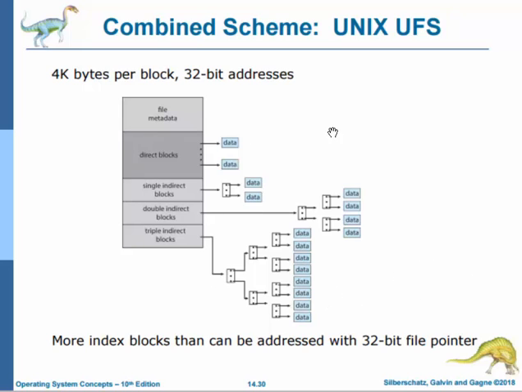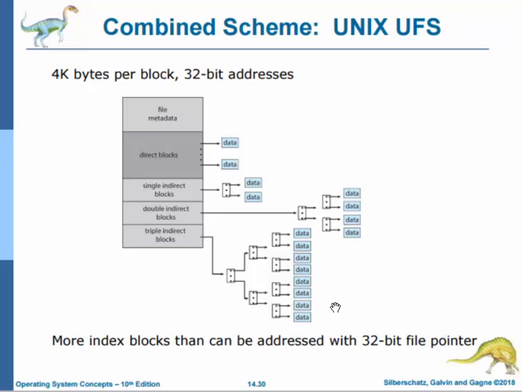Under this method, the number of blocks that can be allocated to a file exceeds the amount of space addressable by the 4-byte file pointers used by many operating systems. So a 32-bit file pointer reaches only 2 raised to 32 bytes, or 4 gigabytes.